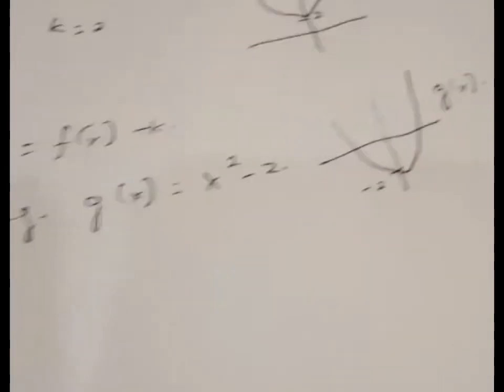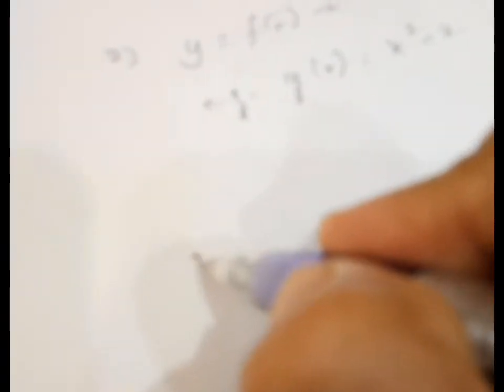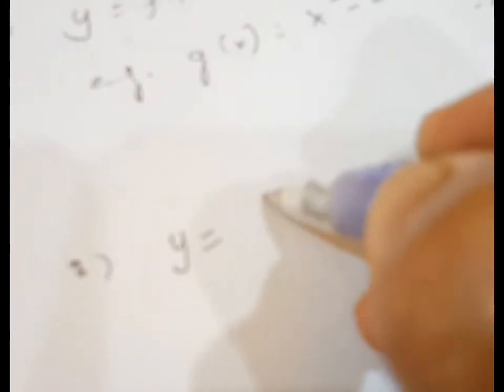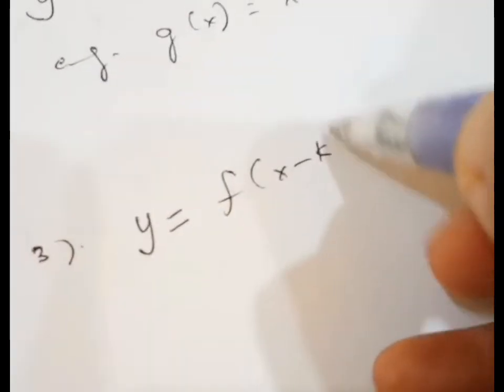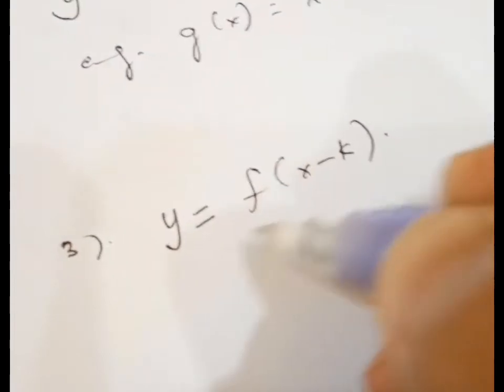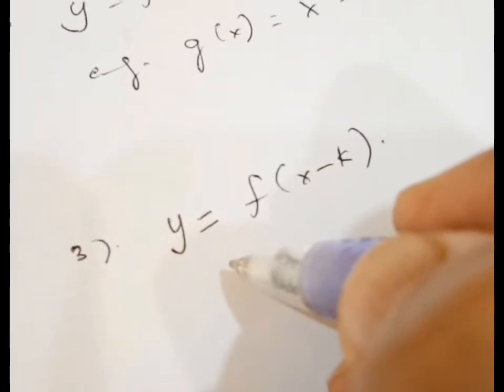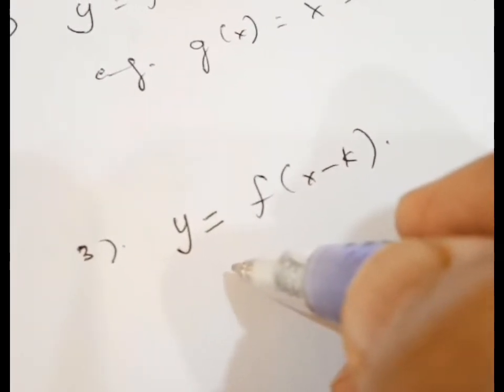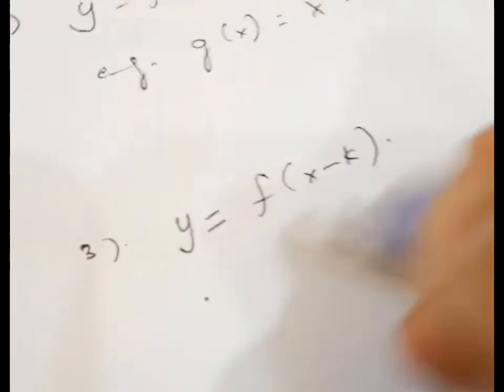Okay, so if we have f of x minus k, for example, earlier f of x is x squared.